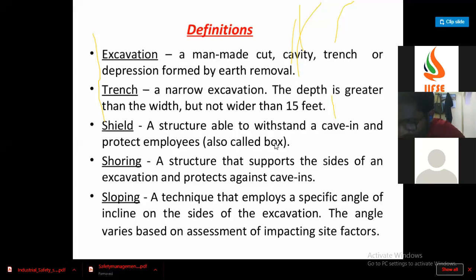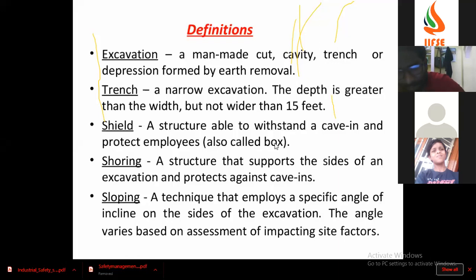If they are working near a gas plant, they have to do it. If it is a brownfield or hazardous area, it is mandatory. Okay, fine, sir. Thank you. Coming to the excavation definitions, fine.